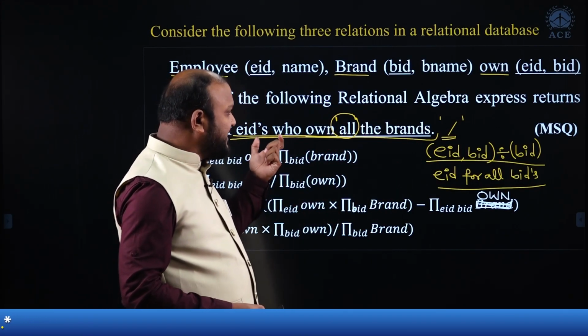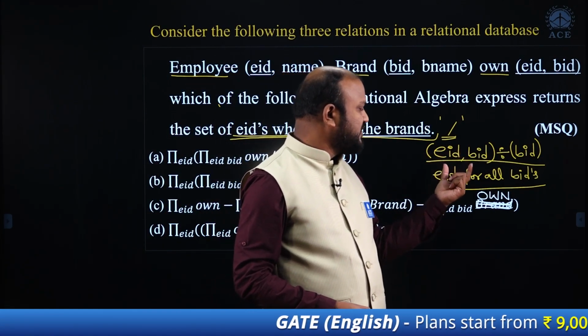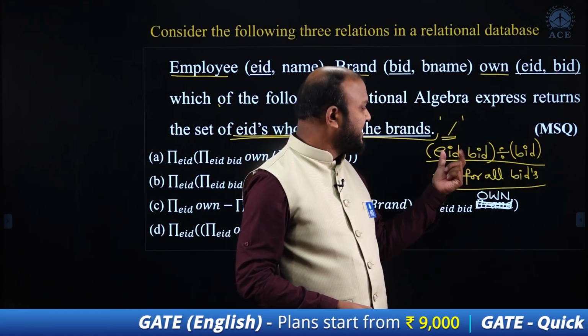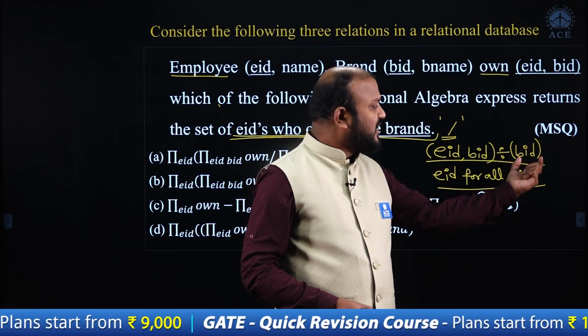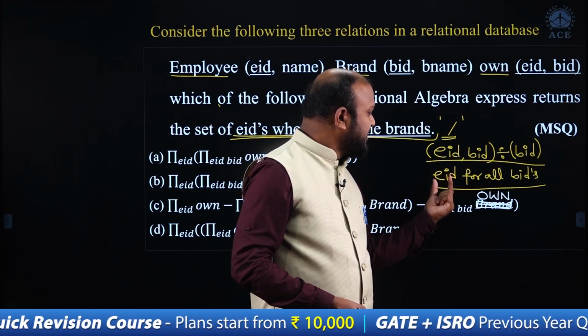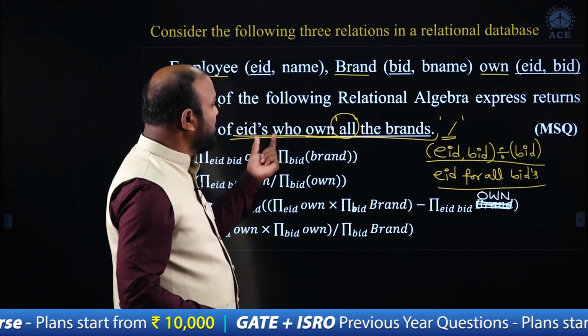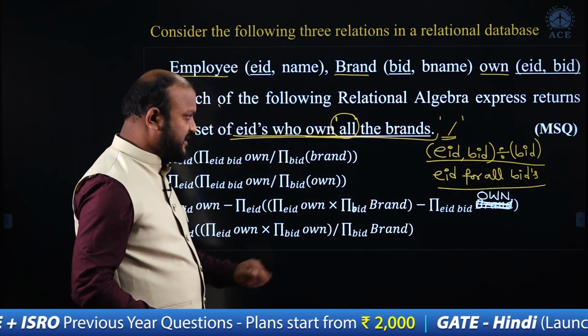We have to get an expression in this form where an expression finds EID, BID, meaning employee ID and which brand IDs that employee owns, and the list of brand IDs. If you perform a division between them, we get the employee IDs who own all brand IDs in the output.